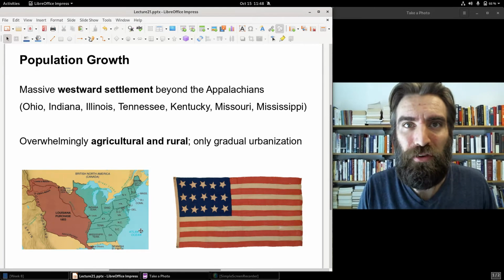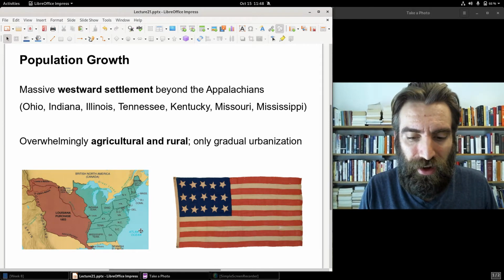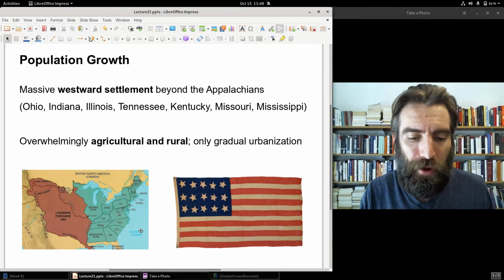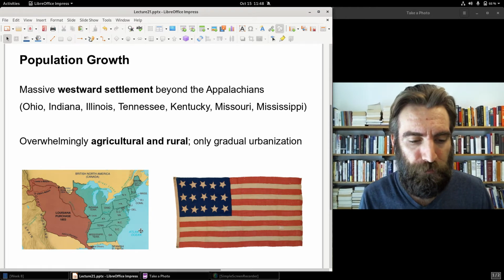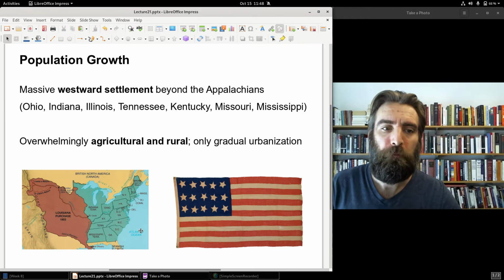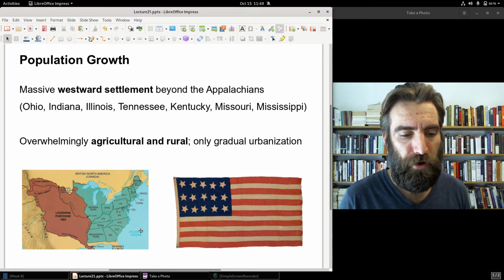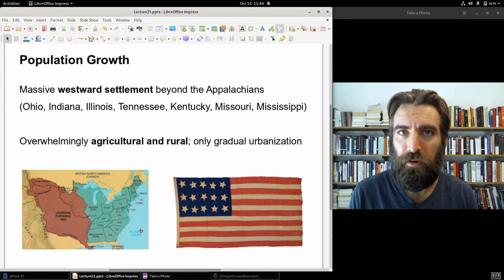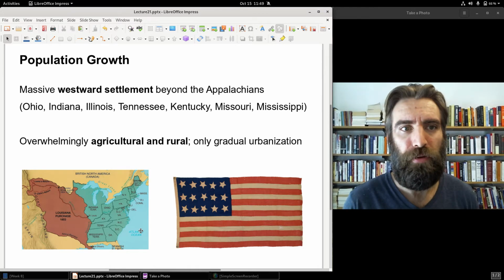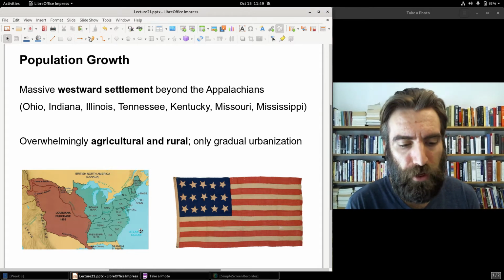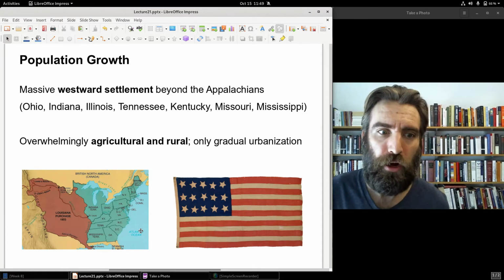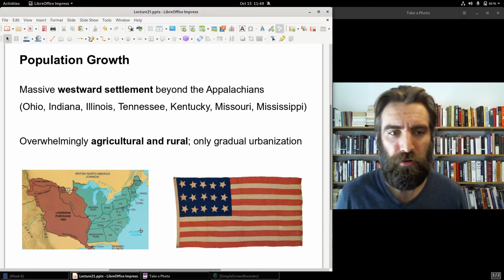Some, like Jefferson, would say it's a declension. But by 1830, 12% of the American population lived in cities, and 88% lived in rural areas. But you do have some urbanization. Even out west, Cincinnati is founded during this period. St. Louis, Memphis, Chicago all get their early beginnings during this period.